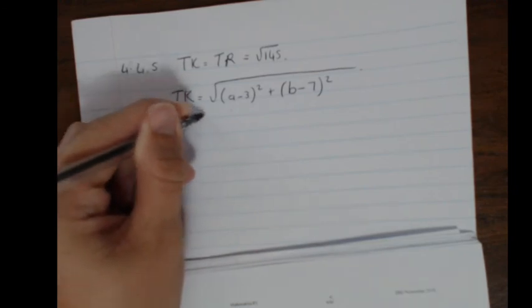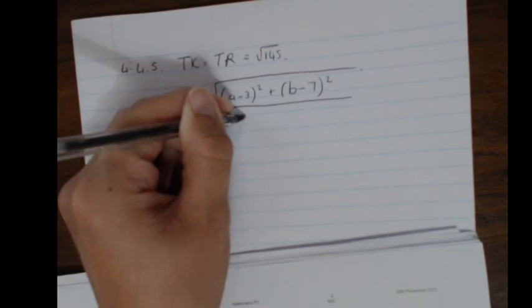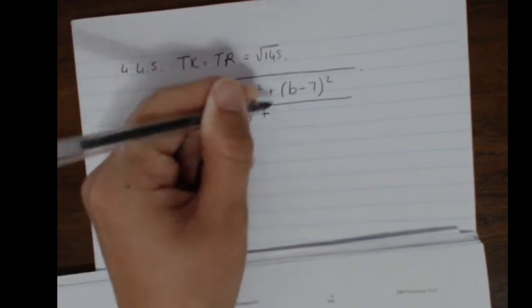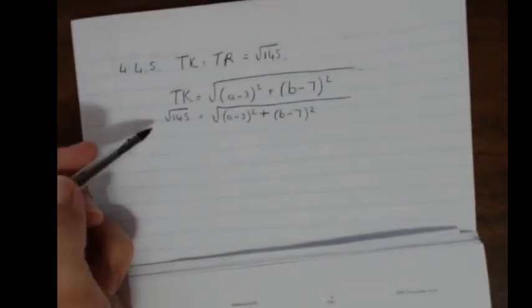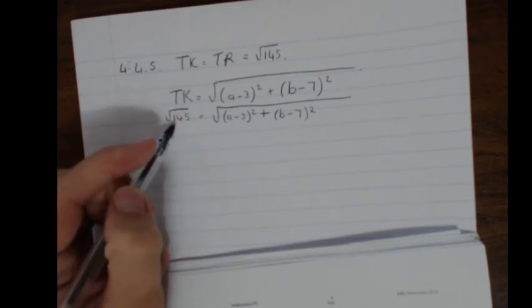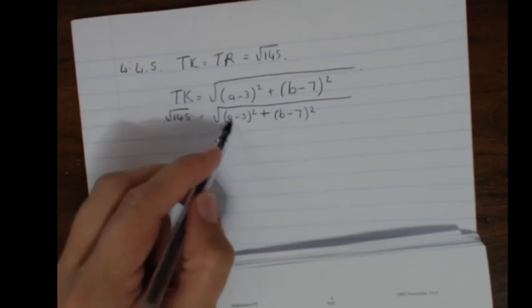Root 145 is root a minus 3 squared plus root b minus 7 squared. And since there's now a square root on both sides, you can just drop the square root. But even then, I still have one equation here with an a and a b.